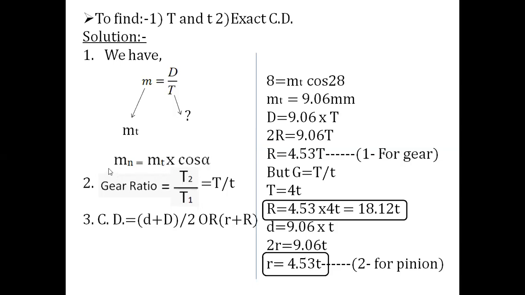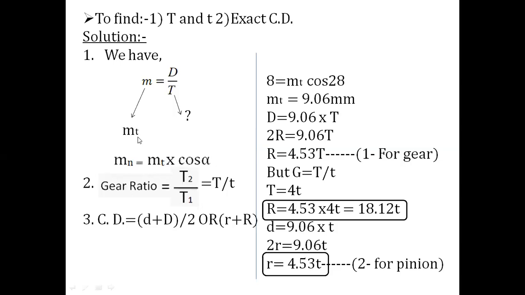Remember this formula, and we have already discussed that formula in the previous lecture. I will share the link of the previous lecture below in the comment box. So mn is equal to mt cos alpha.